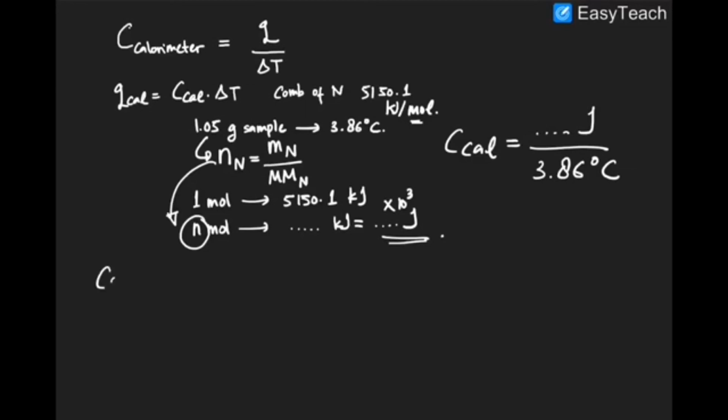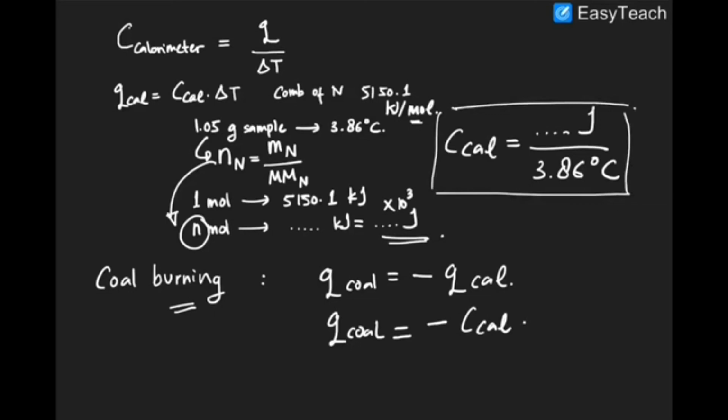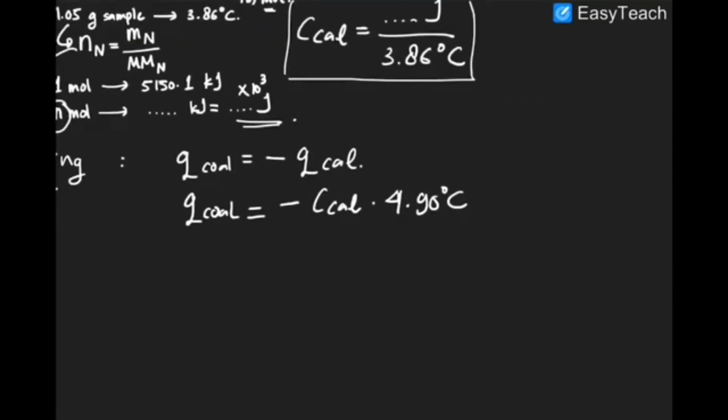Now into the coal burning part. We know that Q of the coal will be minus the Q of calorimeter. The Q of the coal will be minus C of calorimeter that you calculate from here, now multiplied by the delta T caused by burning of the coal, which is 4.90 degrees Celsius. And from here, you can obtain the heat evolved by the burning of the coal.